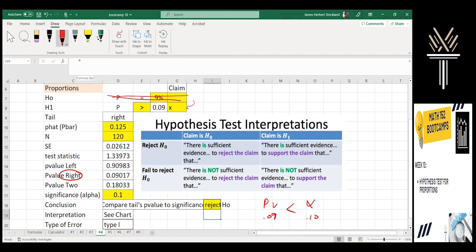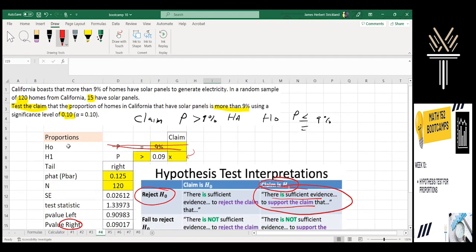But what sentence do we say? Our claim was the alternative, and you rejected the null hypothesis. So here is our sentence. There is sufficient evidence at the 0.10 significance level to support our claim that more than 9% use solar panels in California.